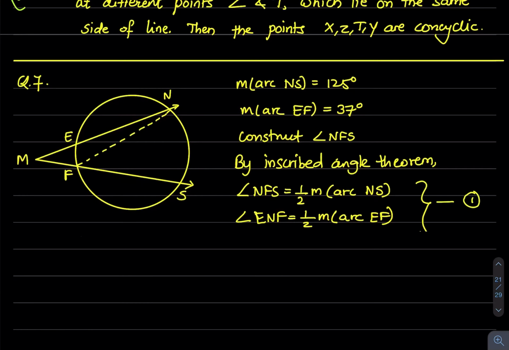Now see, in this triangle MNF, we will use the exterior angle theorem. So pause the video and write the statement using this exterior angle theorem. Now angle NMF plus angle MNF is equal to angle NFS.